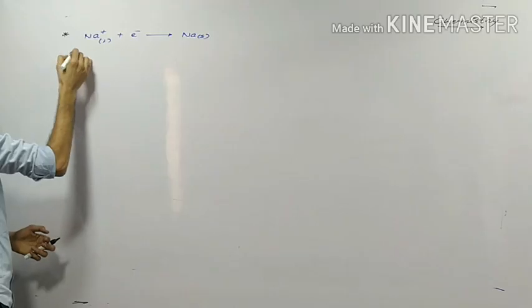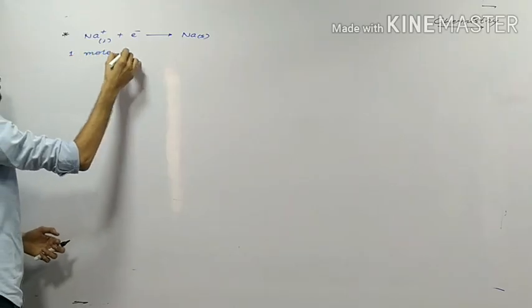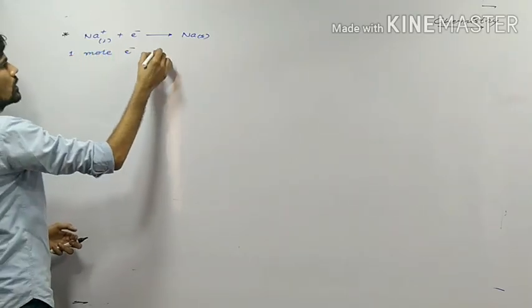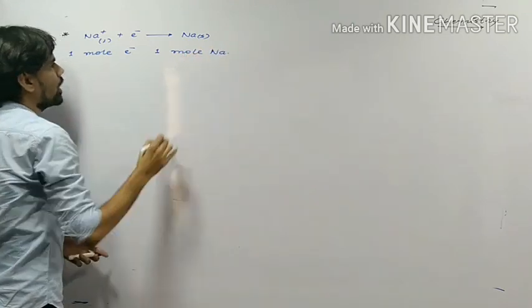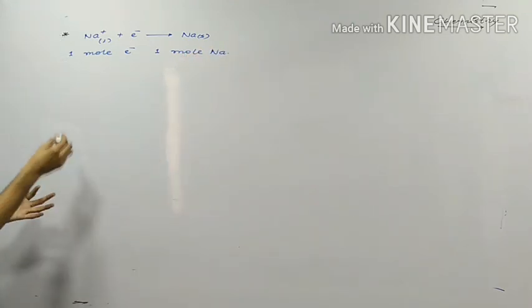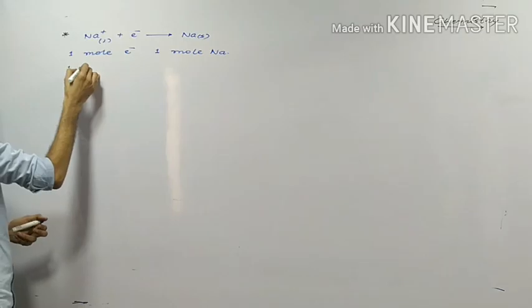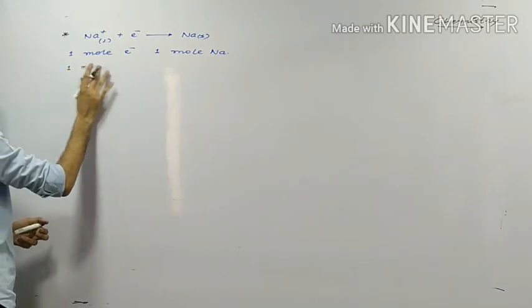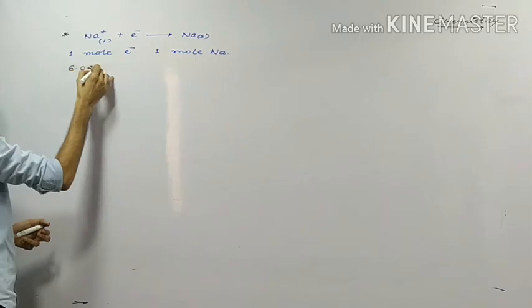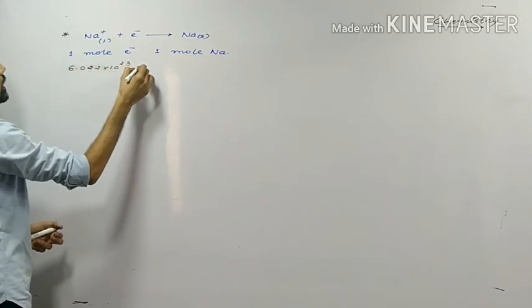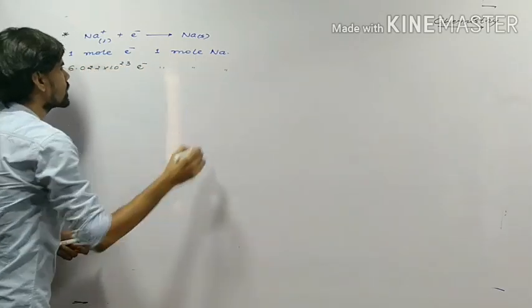So if 1 mole electron gives 1 mole sodium, 1 mole electron means 6.022 into 10 raised to 23 electrons gives 1 mole sodium.